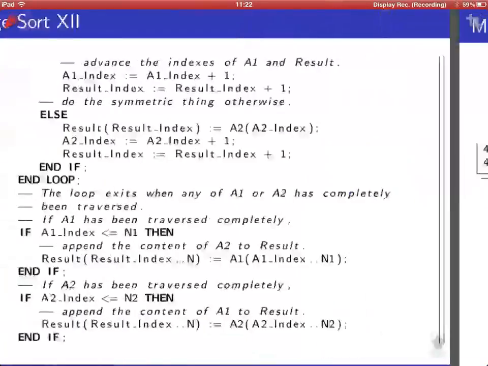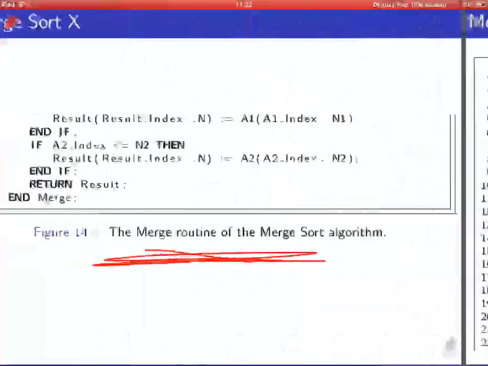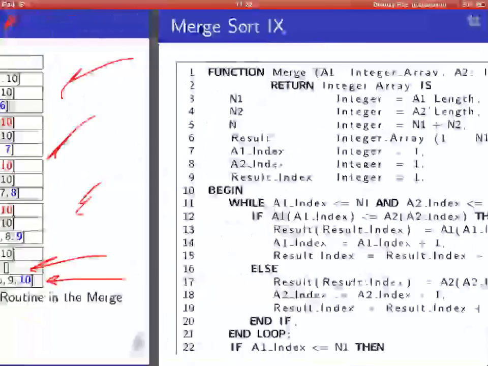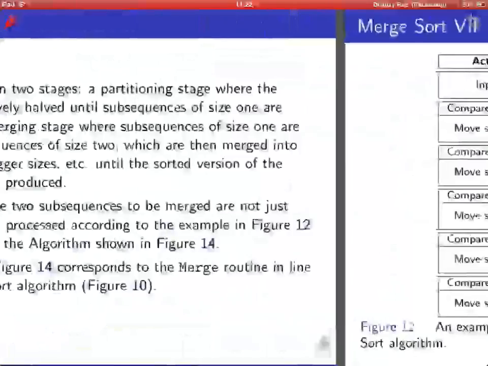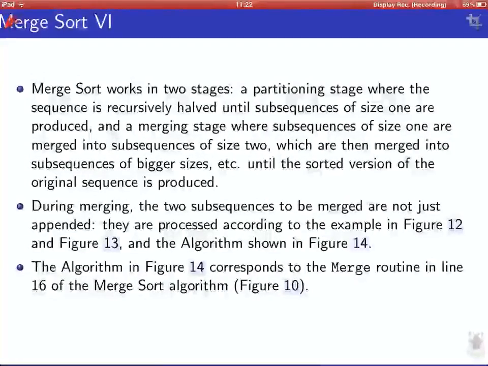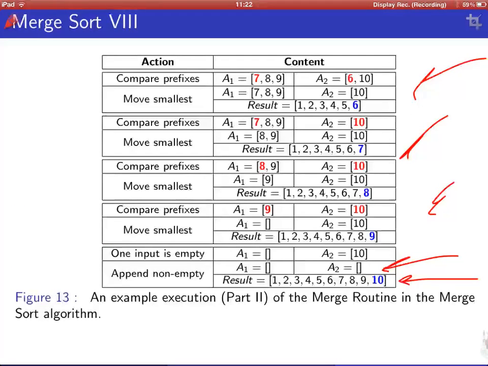So that's merge sort. We are going to partition. We can partition inside the same array, because partitioning is just passing indexes around. We don't need to create a new array to do the partitioning. But when we merge, we are going to need a new array.